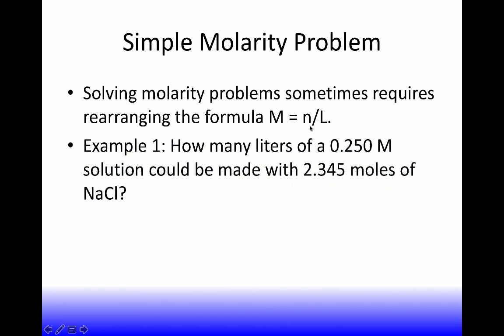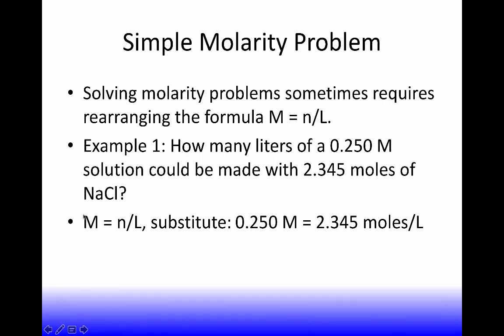So here's an example. How many liters of a 0.25 molar solution could be made with 2.345 moles of sodium chloride? All right, well, let's see, what do we have? We have molarity and we have moles, but we're solving for liters. So once we substitute in our values, we have to solve for L. In order to solve for L, we multiply both sides by L and then divide both sides by 0.250.